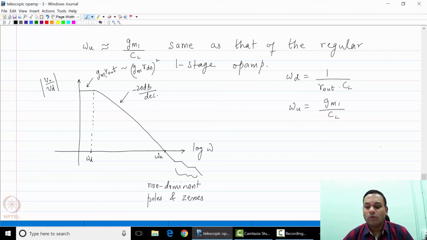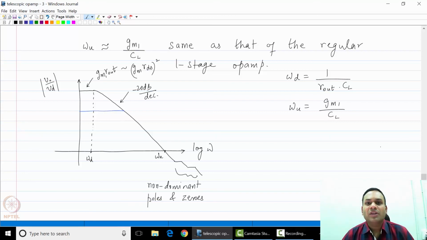Now, if you were to overlay this plot on top of the original one stage op-amp, I'll show that in blue. The original one stage op-amp had a DC gain of only the order of Gm times RDS. So I'll show that like this.